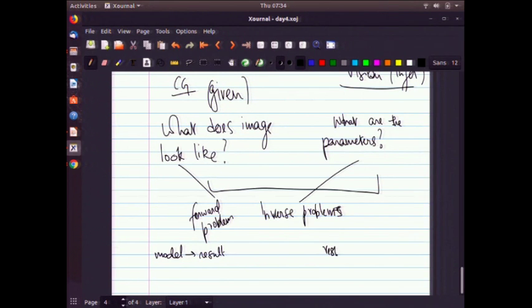This goes from result to model. So we are asking what are the parameters under some model, right? We have some model, which is this light transport model. It has parameters like materials, lights, and so on. In computer graphics, we take the model, we know what the parameters are, and we want to find out what is the result. In computer vision, you know the result, someone's taken a picture already, and you want to estimate the parameters. That's the big difference.